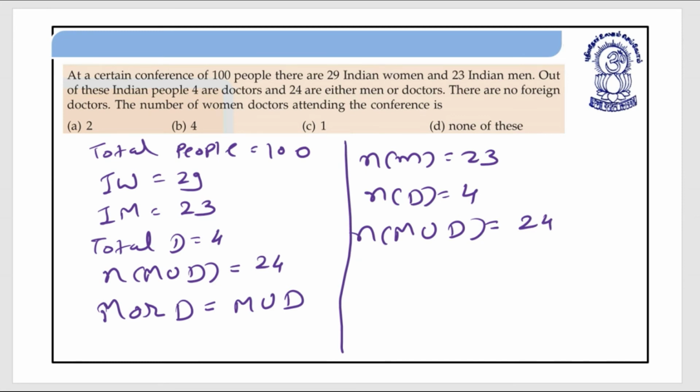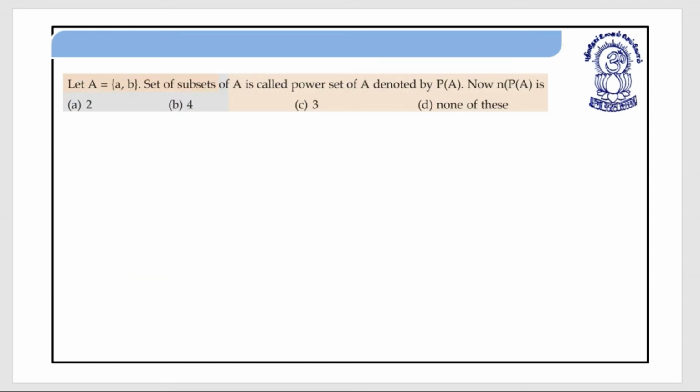1 is the right answer. Next, let A is equal to AB. Set of subsets of A is called power set of A, denoted by P of A. Now the number of P of A is equal to, here A is equal to AB is given.